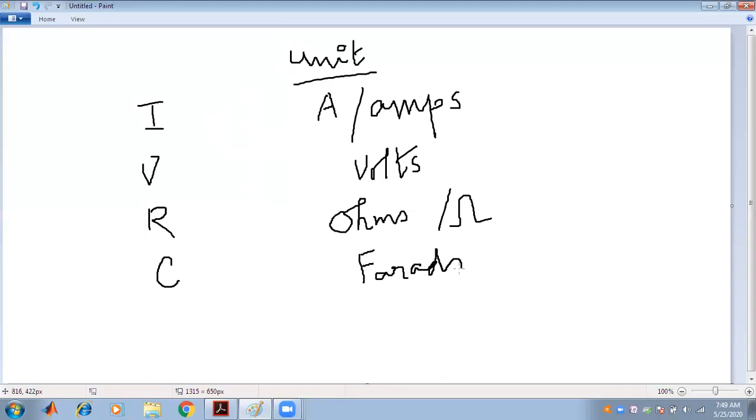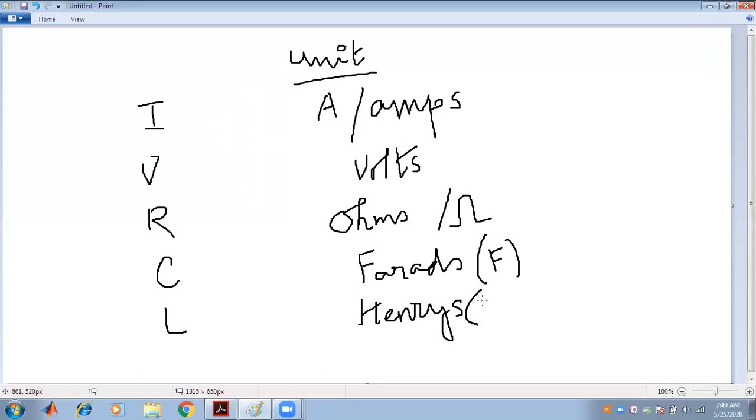And for the inductor, the symbol is L, and according to the name of Joseph Henry, the unit is denoted by henries.